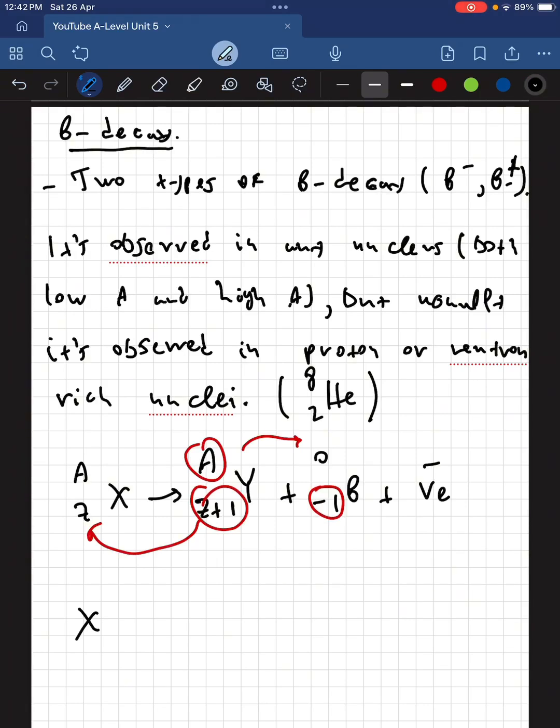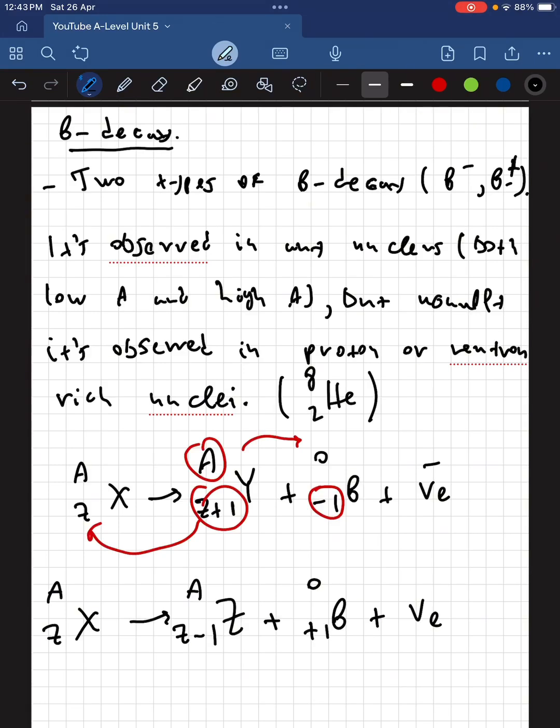And for the beta plus decay, you start with a nucleus X with mass number A and Z, and you go to a nucleus, let's call it Z, with mass number A again, and now an atomic number reduced by 1, okay, because you emit a beta plus particle, plus an electron neutrino. Hope this makes sense, because Z minus 1 plus 1 gives you Z, okay?